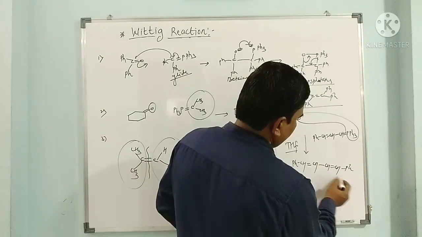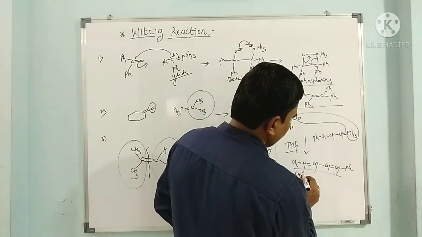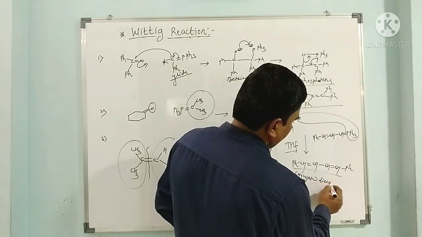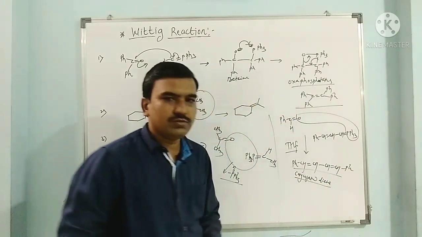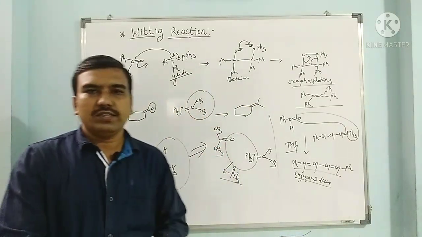So in this way this is the conjugated diene we can prepare using this Wittig reaction.